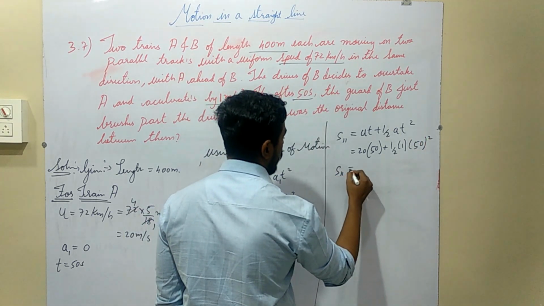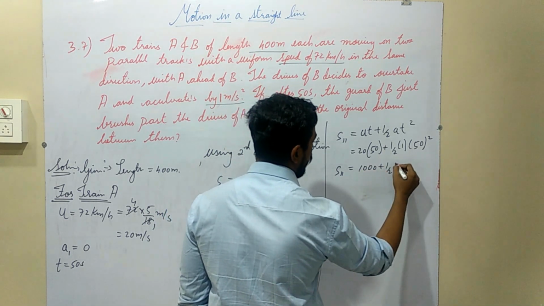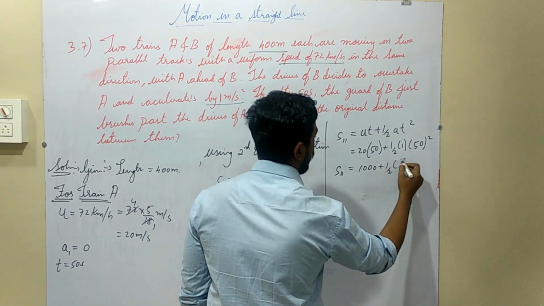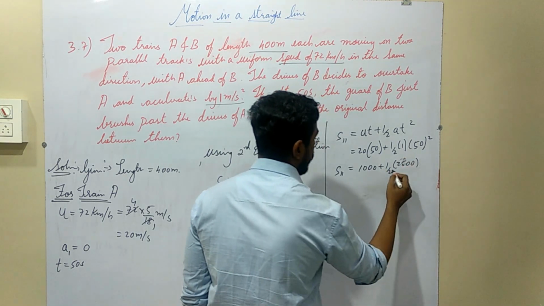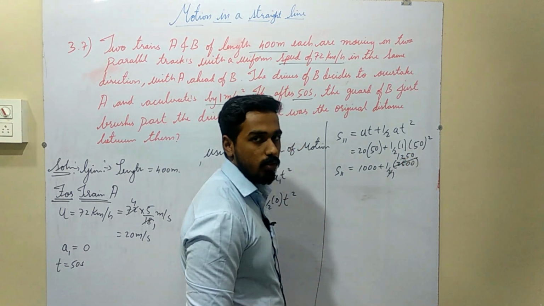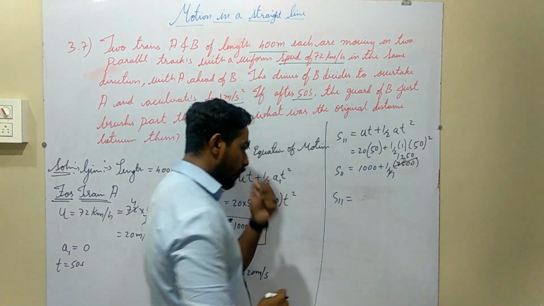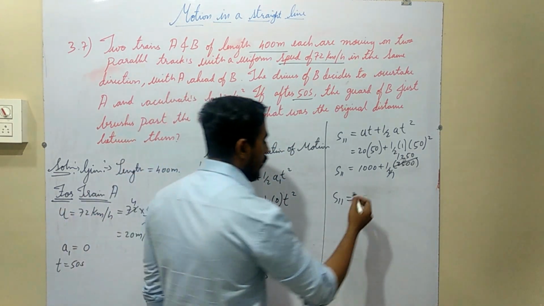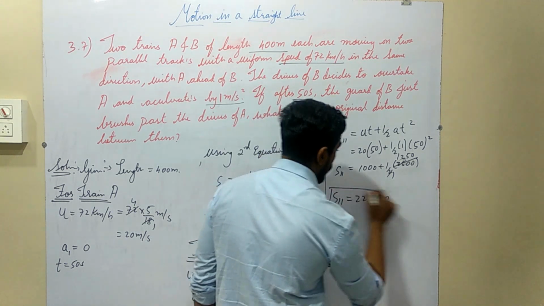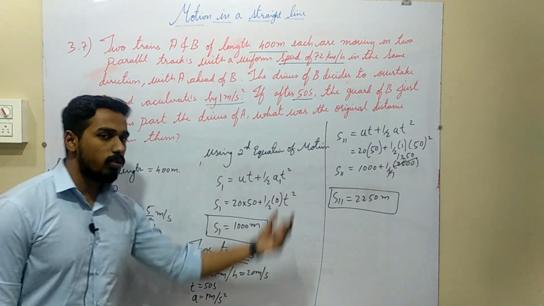Therefore S2 is equal to 1000 plus 1 by 2 into 2500, which is 1250. Therefore S2 will be 1000 plus 1250, which is 2250 m. Okay, now we got the distance of these two trains.